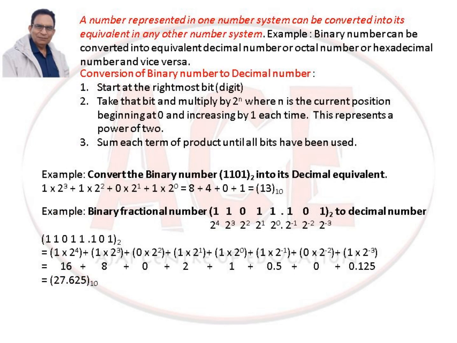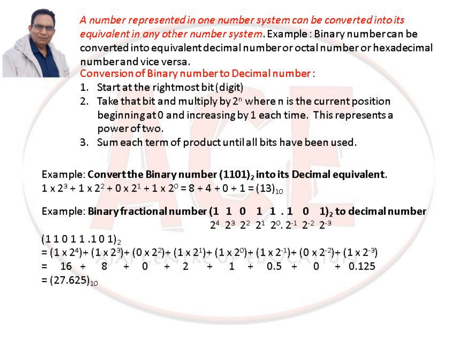A number represented in one number system can be converted into its equivalent in any other number system. For example, a binary number can be converted into an equivalent decimal number or octal number or hexadecimal number and vice versa. To convert a number in one system to the other, we have to follow certain rules.